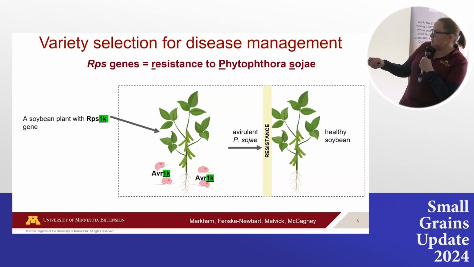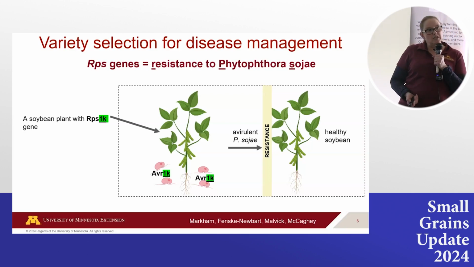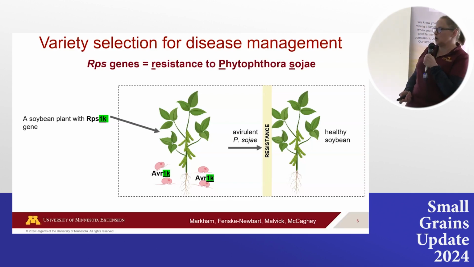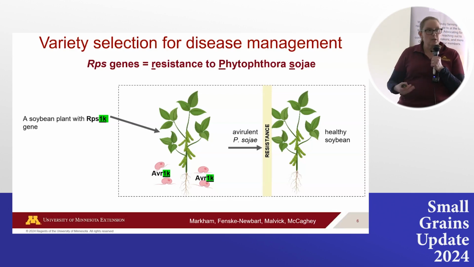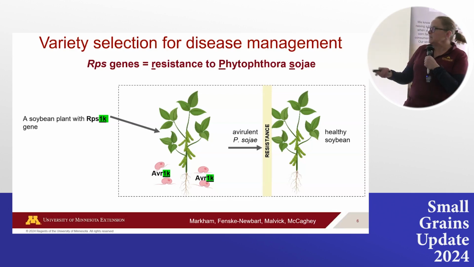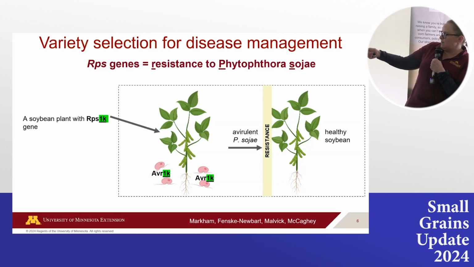So soybean plants have these RPS genes. RPS stands for resistance to Phytophthora sojae. So these RPS genes have specific number and letter combinations. So this particular soybean plant in our cartoon has the RPS 1K gene.